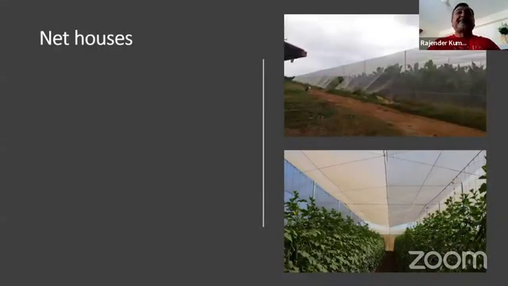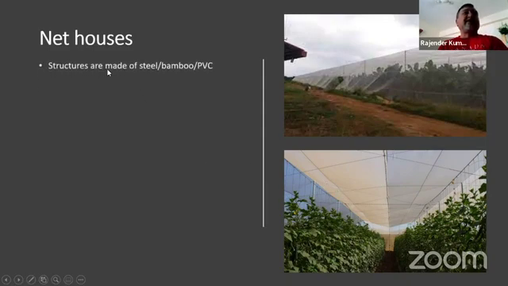When we talk about tropical areas, the net house comes to mind. You can see the structure here. This is an insect net house, and it is actually a combination of shade net and insect net. These structures are made of steel or bamboo or maybe PVC also.